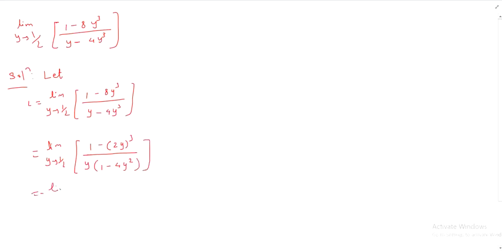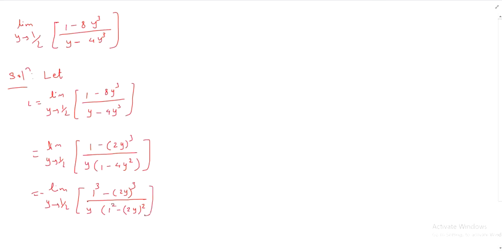So L is equal to limit y tends to half, inside the bracket this term can be written as 1 cube minus 2y cube upon y into 1 minus 2y bracket square, this term 1 square.